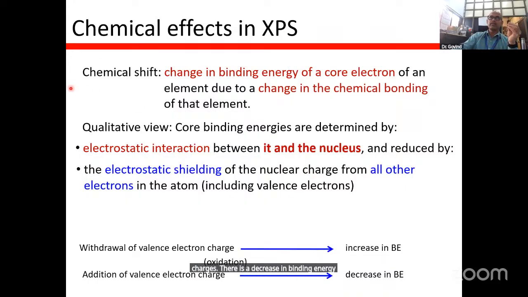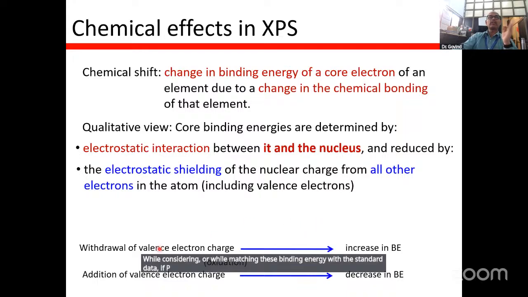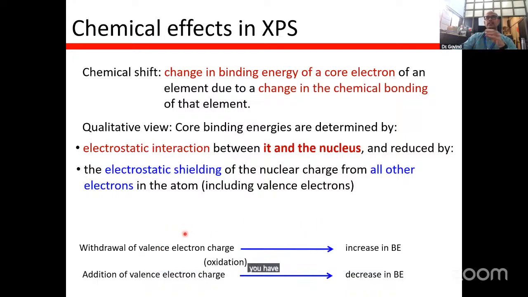So it is a chemical shift. While matching this binding energy with the standard data, if the peak has shifted, you have that interpretation: yes, there is a withdrawal of electron charge, so the surface got oxidized. That's why the peak is shifted a little bit.